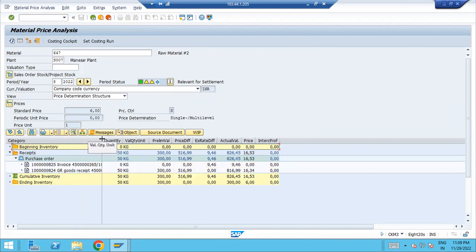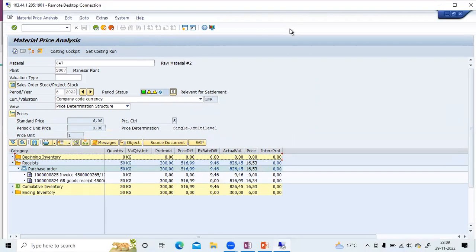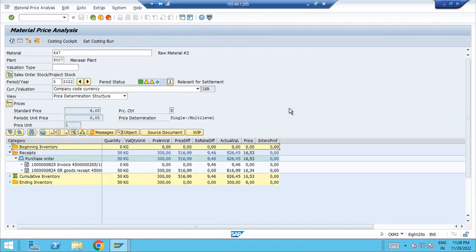One difference is because of the purchase price difference, because of GR. And one more difference, this is your exchange rate difference. This is at the time of invoice. So because of invoice, this is the difference, and because of price, this is the difference.